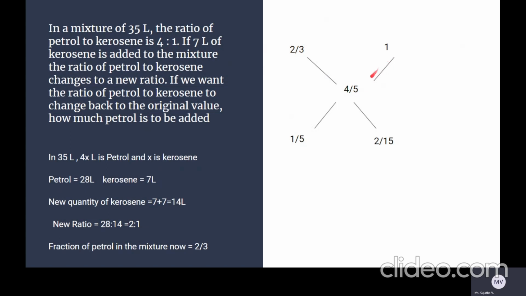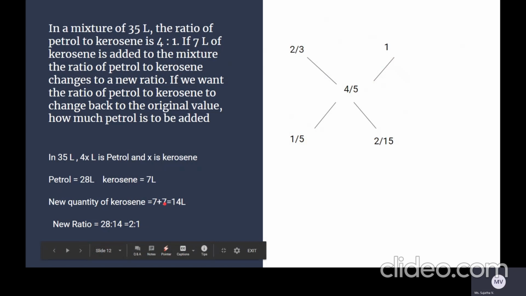Again, you subtract it, A2 minus A, you get 1 by 5. A minus A1, you get 2 by 15. Right? So you are supposed to find how much petrol should be added. Okay, so how much is the mixture now? It was 35 liters. Okay. When 7 liters in the first stage, you remember the 7 liters of kerosene, when it was added, how much did it become?